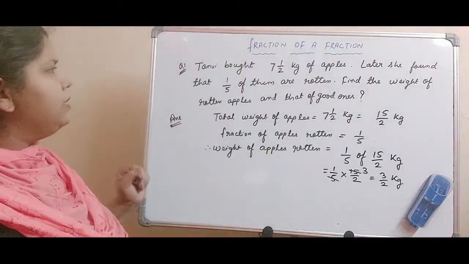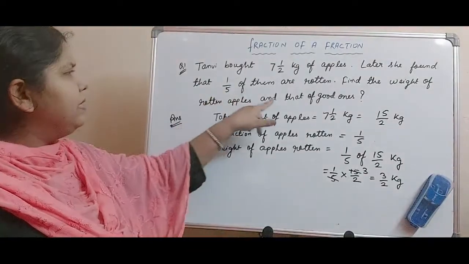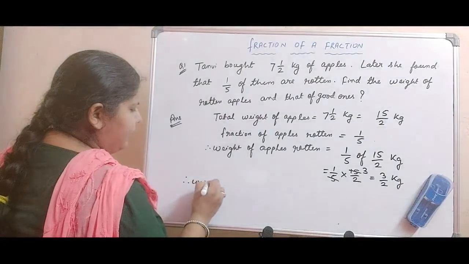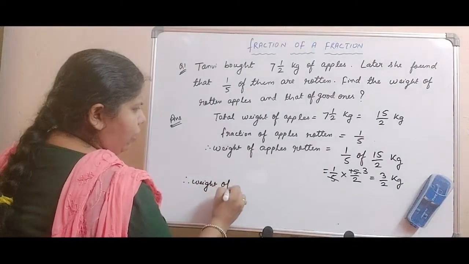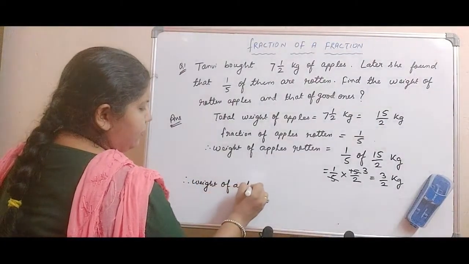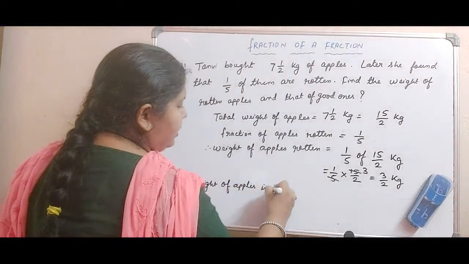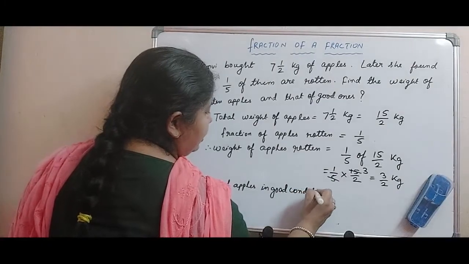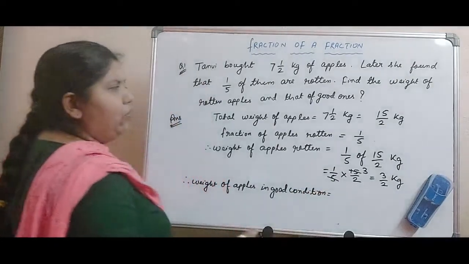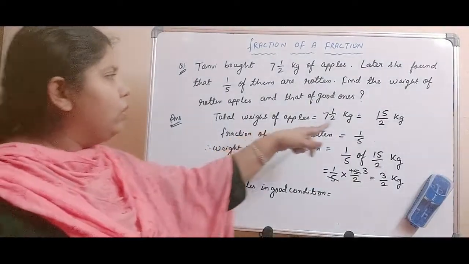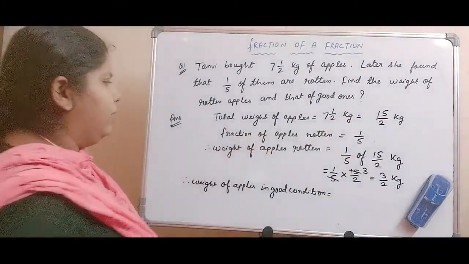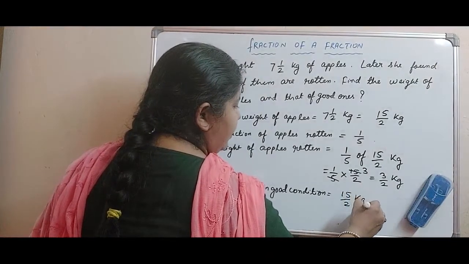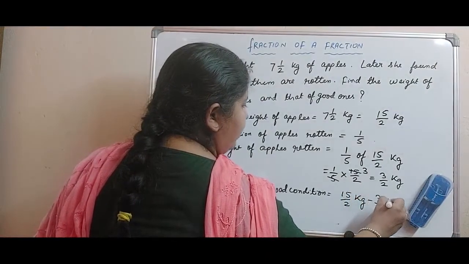Now the question is, find the weight of rotten apples and that of good ones. Now you will write weight of apples in good condition. In good condition is what? We have to take out the difference between the total weight and the apples rotten. That is 15 by 2 kg minus 3 by 2 kg.